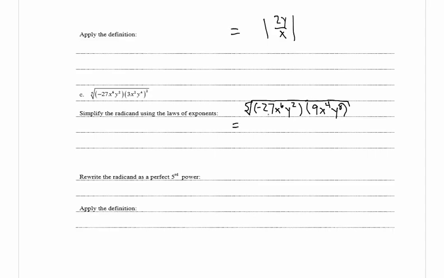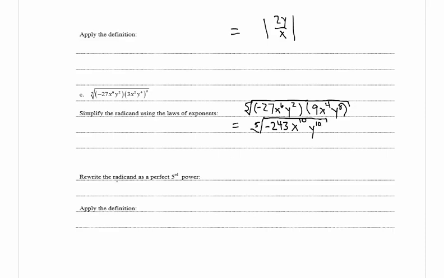And now we can multiply the sets of parentheses times each other. So we have the fifth root of negative 27 times 9 is negative 243. X to the 6th times x to the 4th is x to the 10th. Y squared times y to the 8th is y to the 10th.